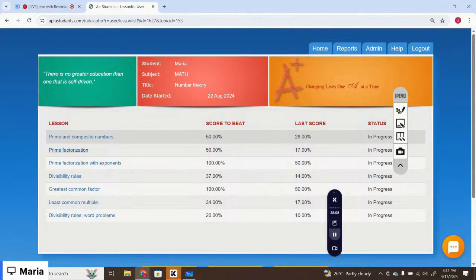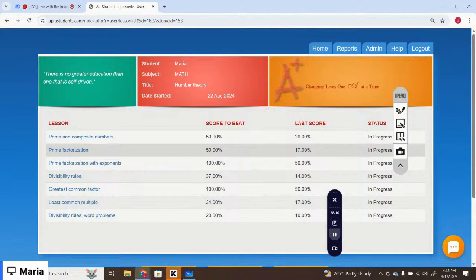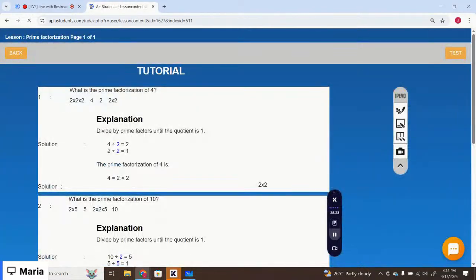The next lesson is prime factorization. So prime factorization means all the factors must be prime numbers.